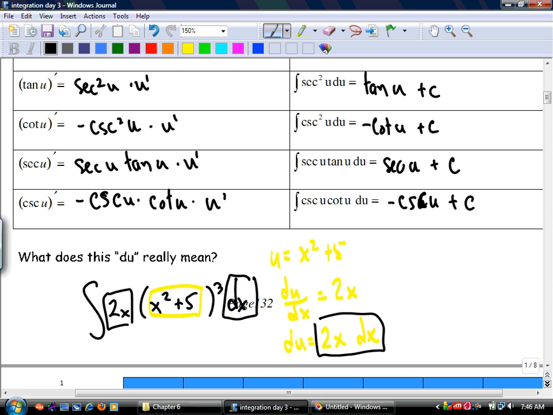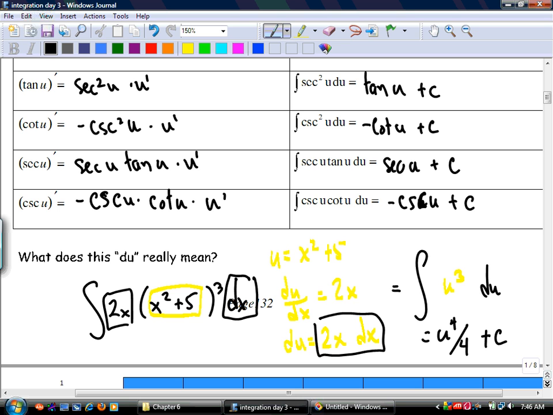So the antiderivative becomes, the stuff in the black box becomes du, the stuff in the yellow box becomes u cubed. Now you take the antiderivative. So it's u to the 4 over 4 plus c.